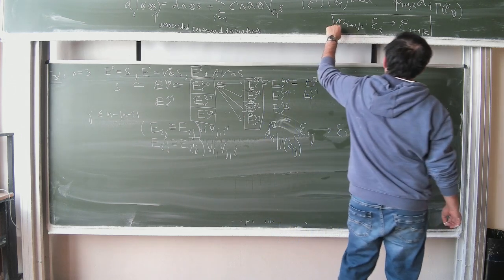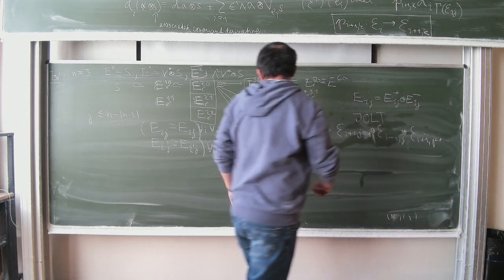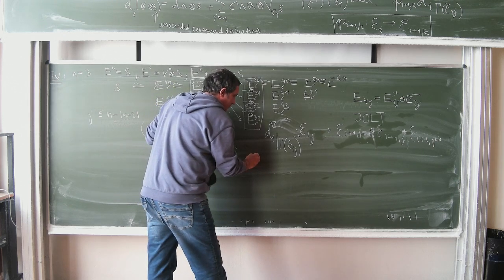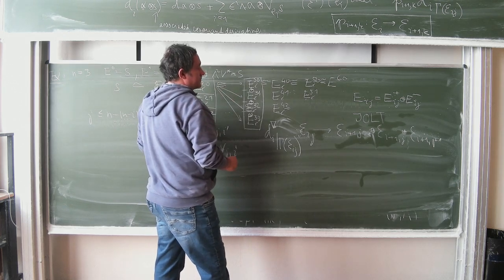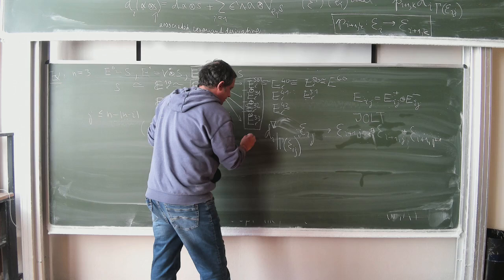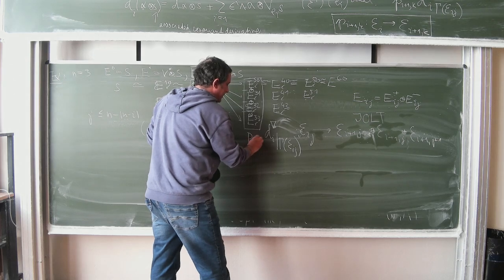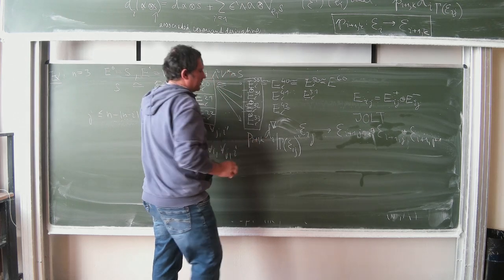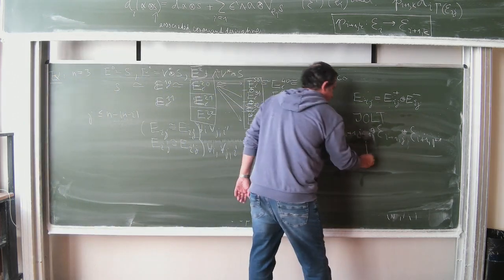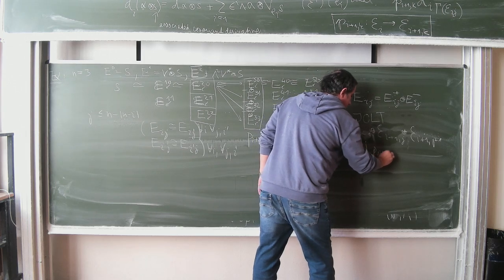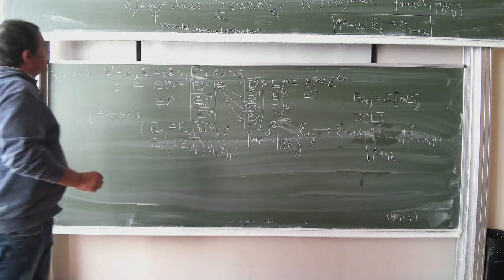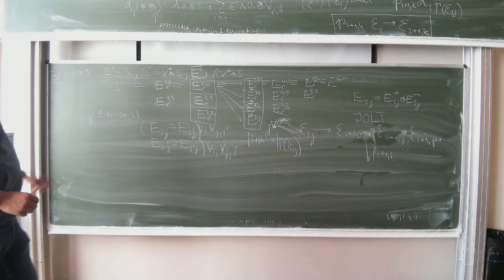We have this projection, and we can form these operators by i plus 1. We would like to see the Dirac operator in this picture.